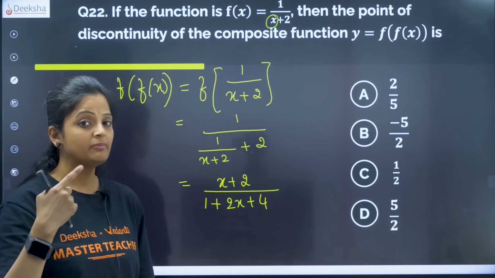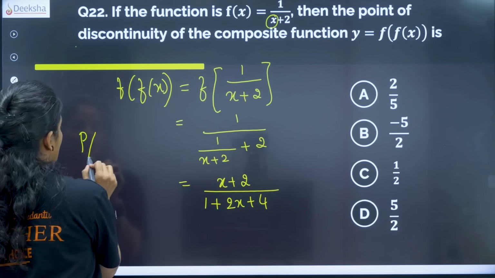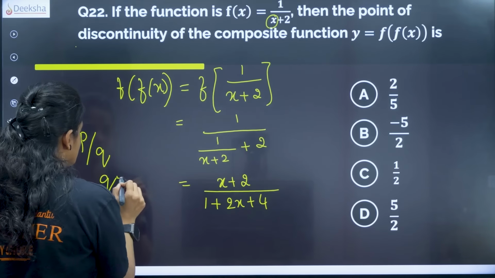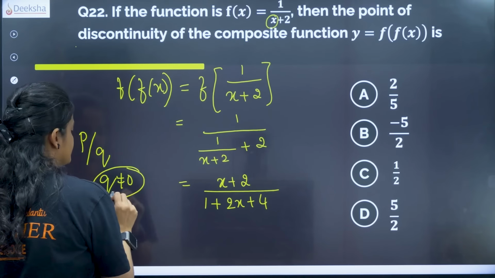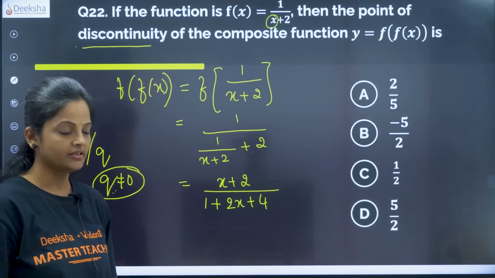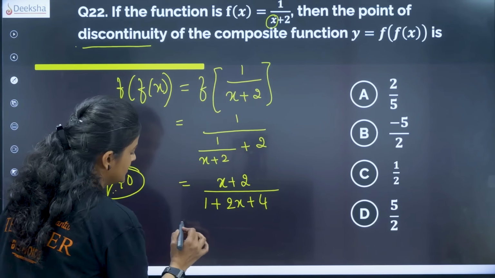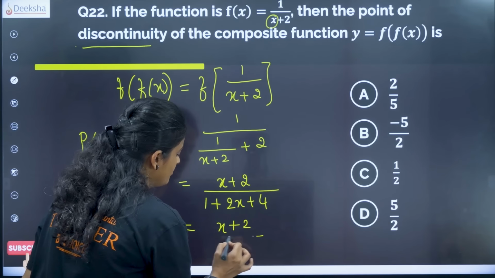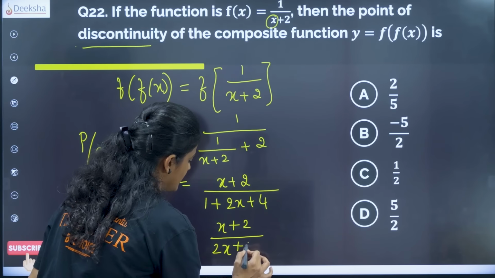Now I have P by Q form. Whenever we have P by Q form, remember that Q shouldn't be equal to 0. This is the reason for getting the discontinuity, right? Now solve this. Numerator is as it is, x plus 2. Denominator I am getting 2x plus 5.